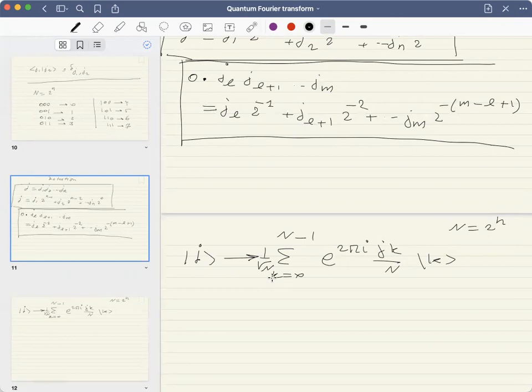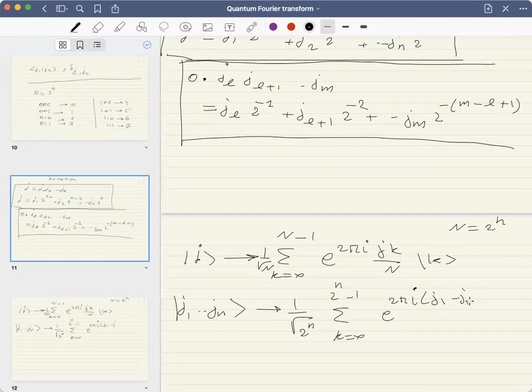So writing this in a different notation, if we think about the states of qubits now, instead of just this label, J1 up to Jn goes to 1 over square root of 2 to the little n, sum over k equals 0 to 2 to the little n minus 1, e to the 2 pi i, and here I have this binary representation J1 to Jn.